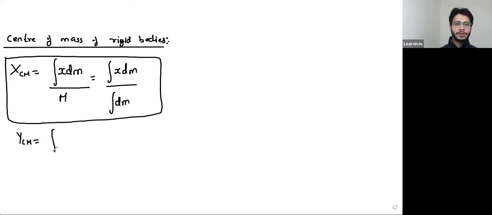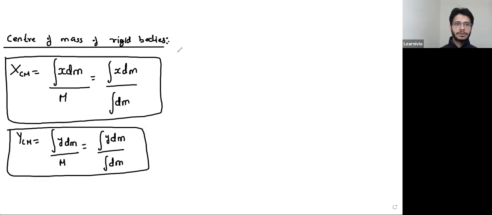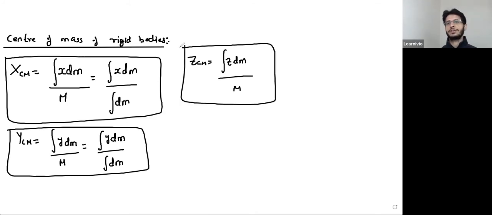Y coordinate of center of mass is integral of y dm by total mass of the body. It's integral of y dm by integral of dm. That is the y coordinate of center of mass. Z coordinate of center of mass is integral of z dm over total mass of the system. That is the z coordinate of center of mass. So this is how we calculate x, y, and z coordinates of the center of mass.